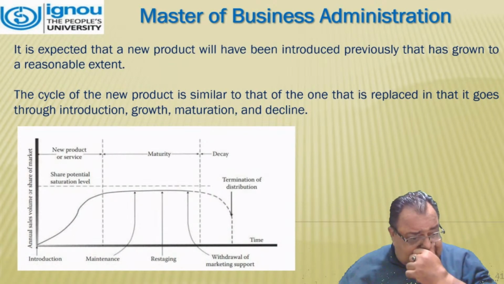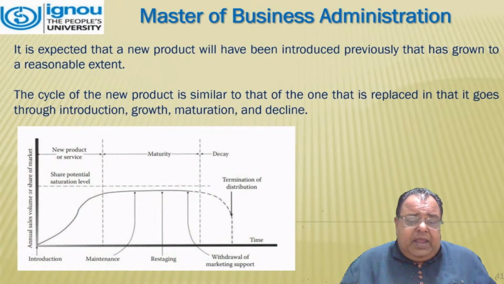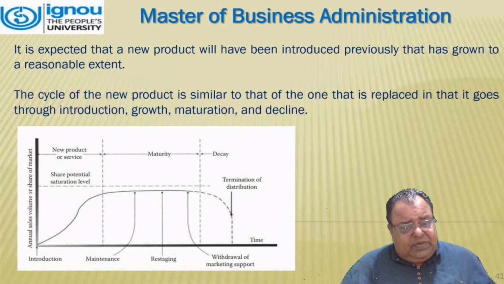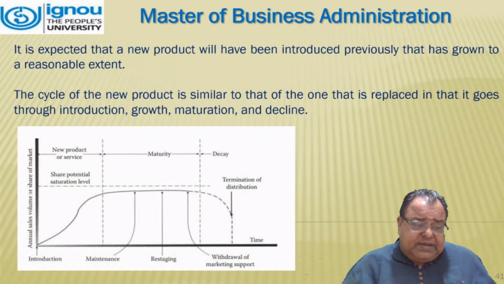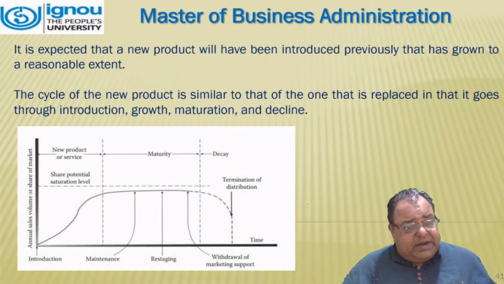We can see here an inverted tub type diagram where initially at the bottom we have introduction. As production starts and the sales volume increases, that means the share in the market is developed.